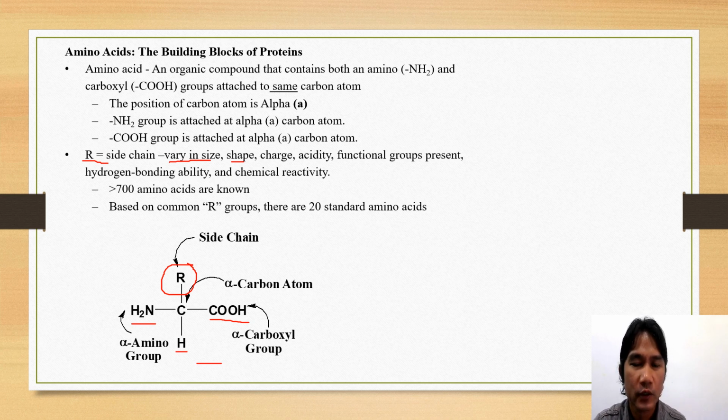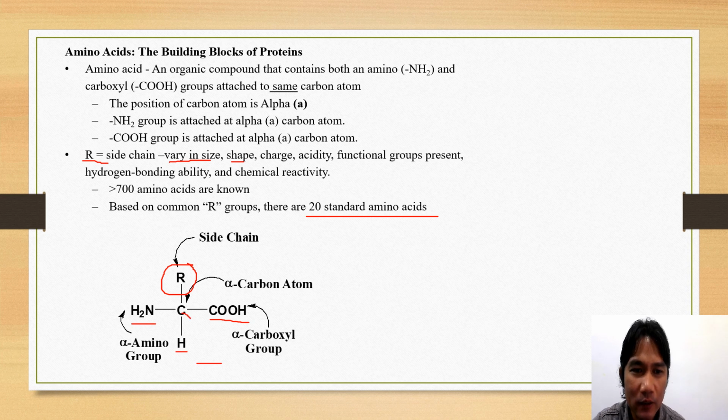So all amino acids, I should say, all 20 standard amino acids, they only differ in the side chain, but they share the same structure.